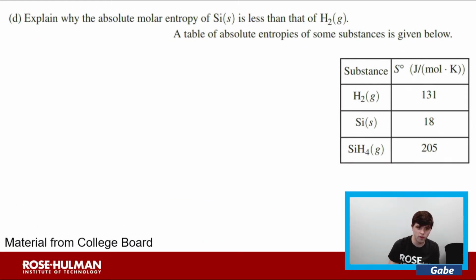Alright, explain why the absolute molar entropy of Si(s) is less than that of H2(g). Remember when we look at these parentheses, the S represents solid, and the G represents gas for H2. So, why is the molar entropy of silicon less than that of H2?